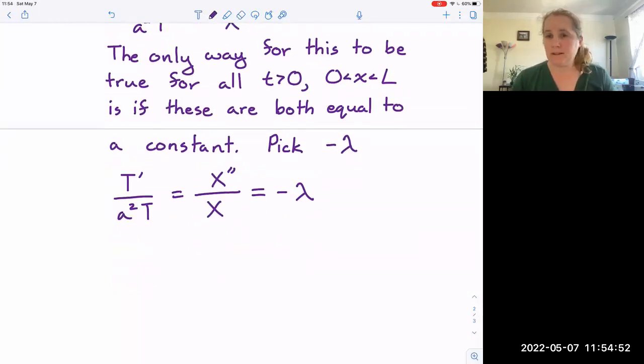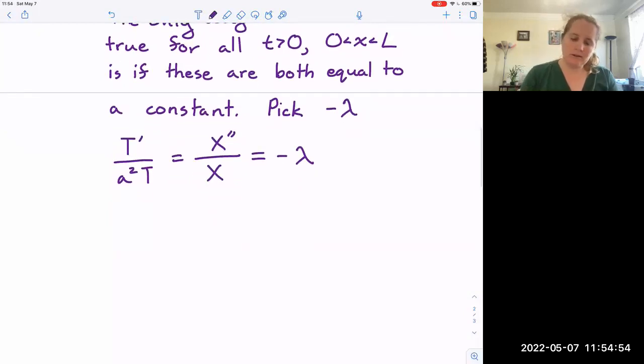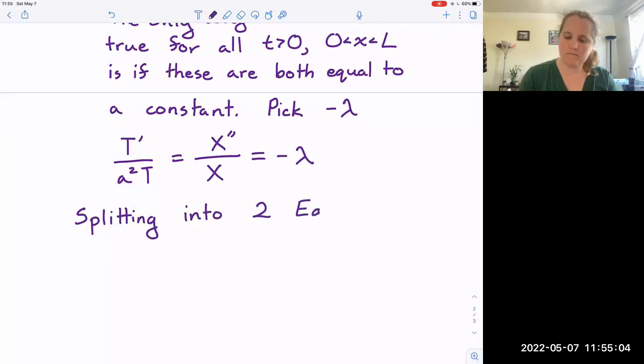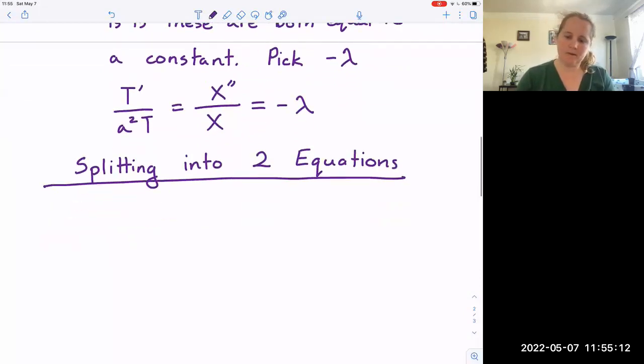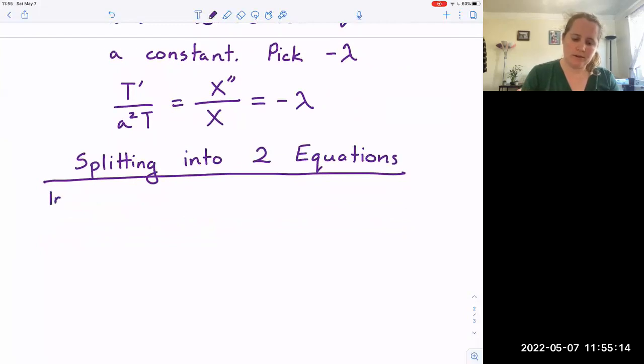We will now split this into two equations. We have an equation in x and an equation in t.